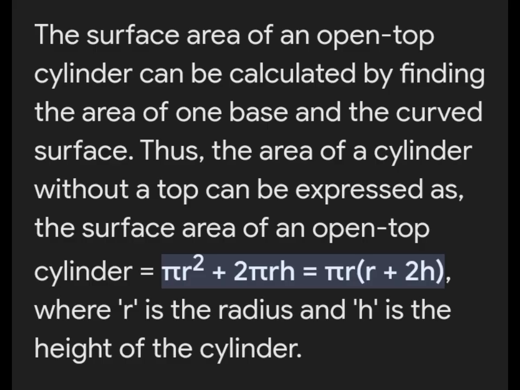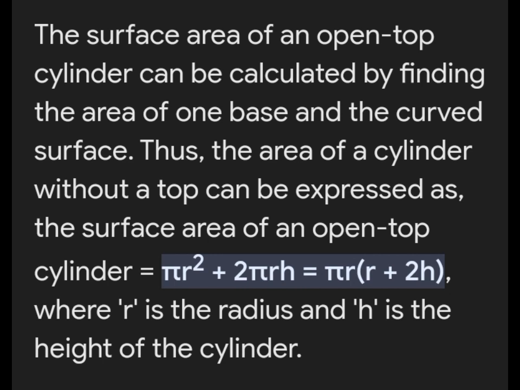Alright, some bonus formula. What if one part of the cylinder is open? I said both parts should be closed. So if one part is open, the surface area, or the total surface area, of an open top cylinder, like if one part is open.